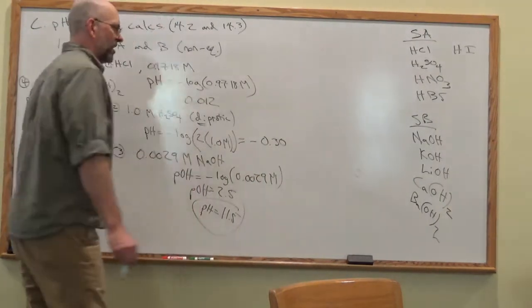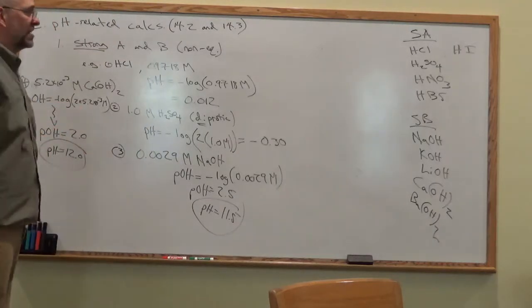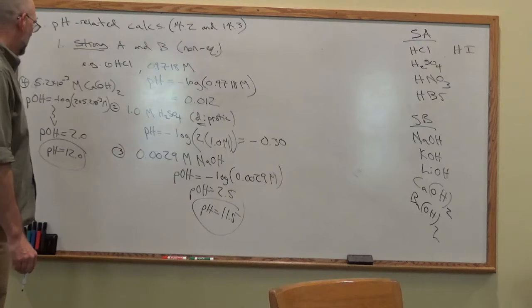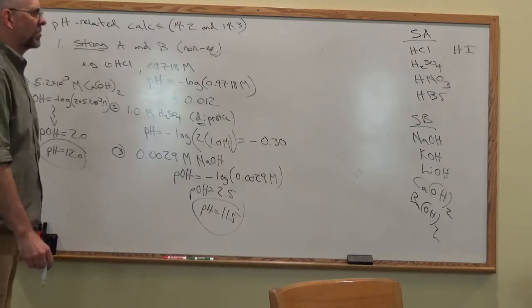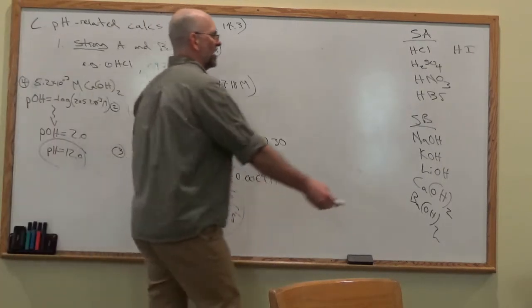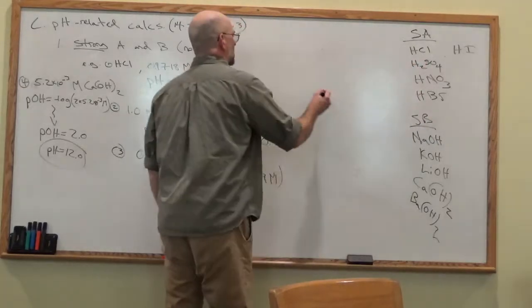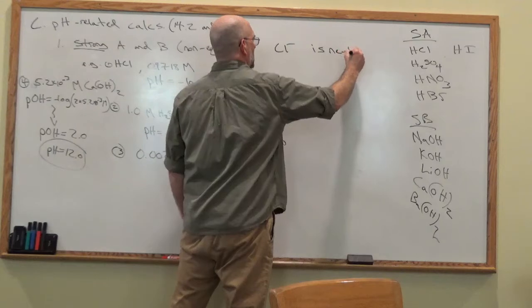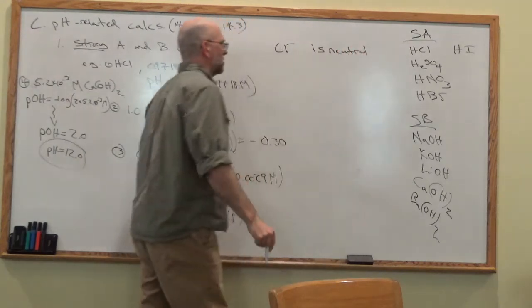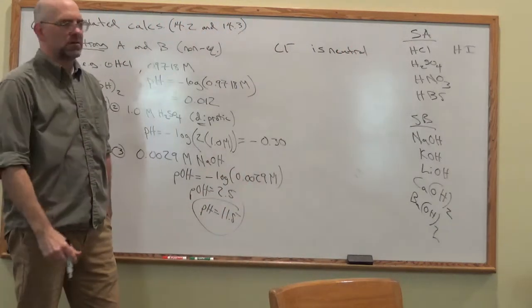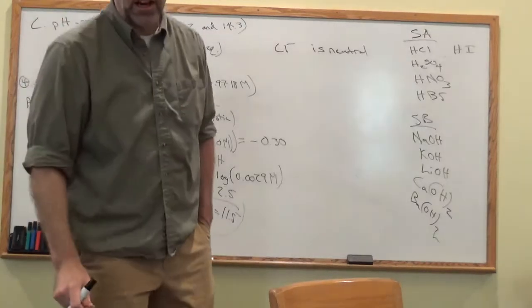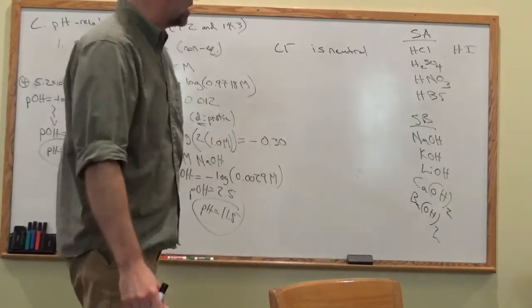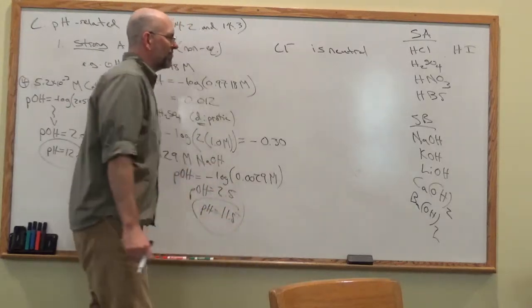All these spectator ions. It says in the notes there, you can write that down. What about these spectator ions? Well, they don't have any acid-base properties. Chloride is neutral. Looking at the notes, it says cations of strong bases are neutral, anions of strong acids are neutral.